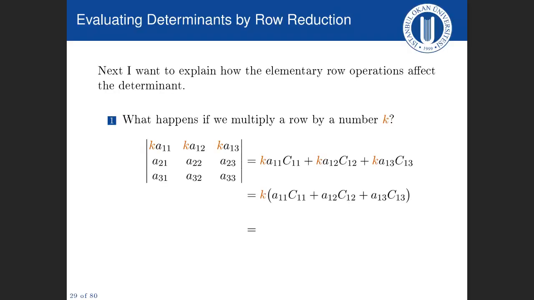Factor out k, and what do we have? We have k multiplied by the cofactor expansion along the first row of this matrix. That means multiplying a row of a matrix and then calculating the determinant is the same as calculating the determinant first and then multiplying by k.